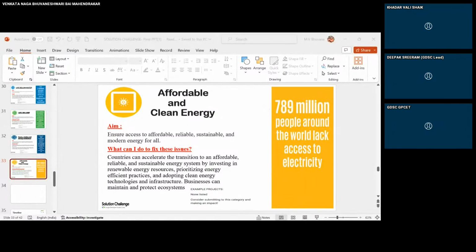Me and my team have been working on a project called driver drowsiness alert. Have you heard about Tesla? In Tesla there is an autopilot option. Like that, we are developing a project called driver drowsiness alert.